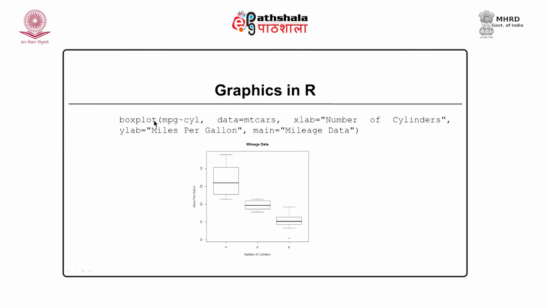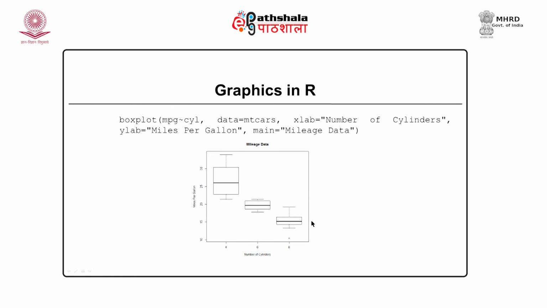So, using this box plot function, we can create a good box plot, and you can see if there are cars with 4 cylinders, we get one box. If there are cars with 6 cylinders, we get another box, and so on. For engineers, it might be interesting that when the number of cylinders increases, the miles per gallon or the average will decrease.